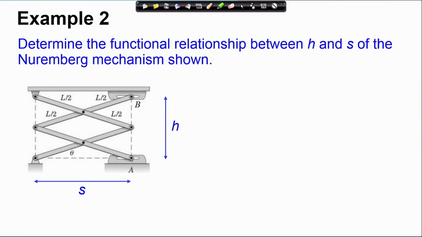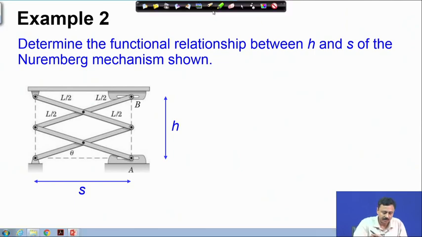So, this example asks us to determine the functional relationship between h, which is the height of the platform, and s, which captures the displacement of the slider pin A. Essentially, the location of A is captured by s, and correspondingly h is the height of the platform.